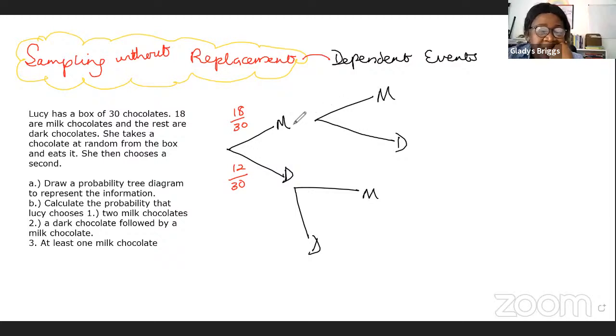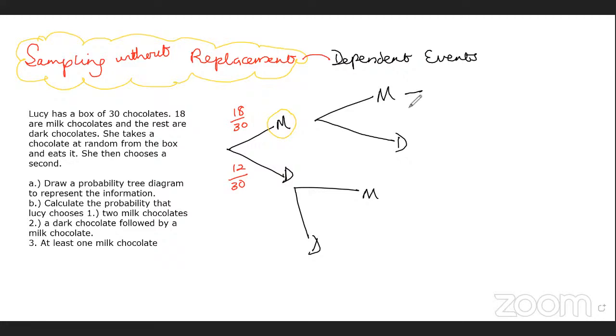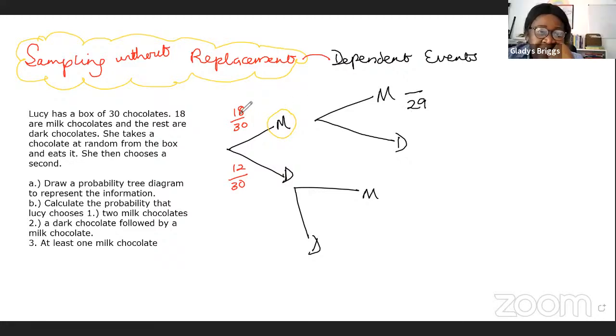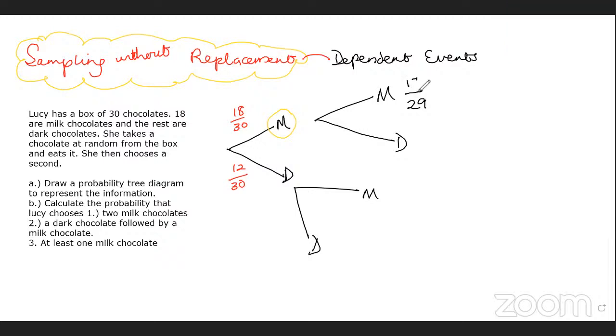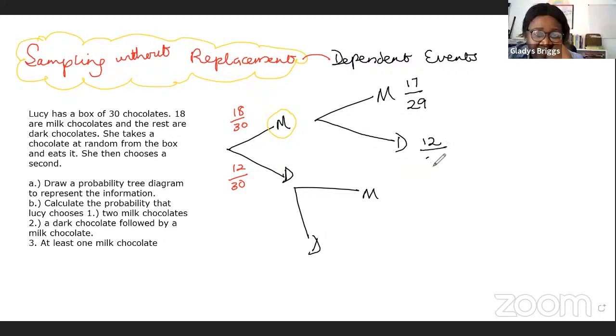Yeah. So if in the first draw, she chooses a milk chocolate, how many chocolates will she have left in the bag? 29. So then it will be 17 over 29. But this one will still be 12, but out of 29.